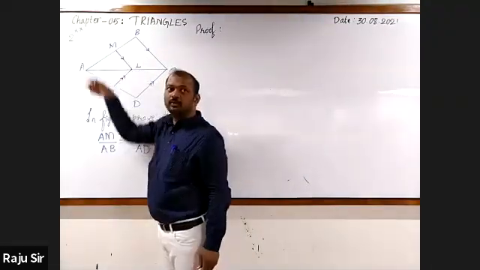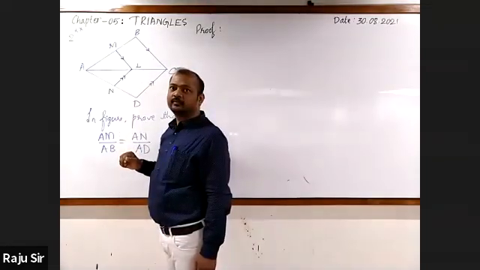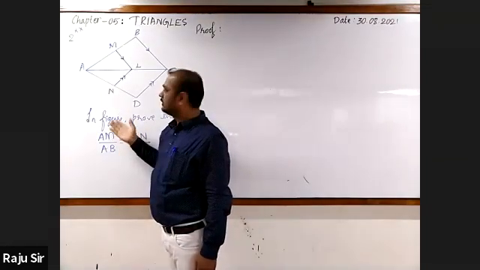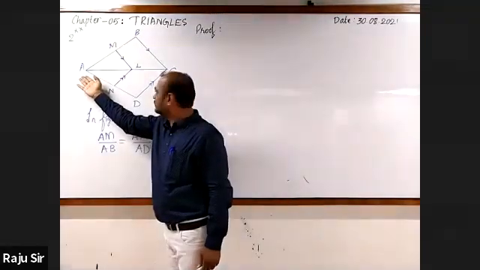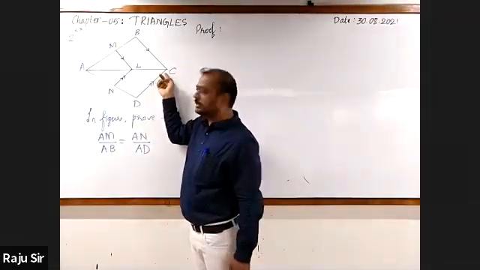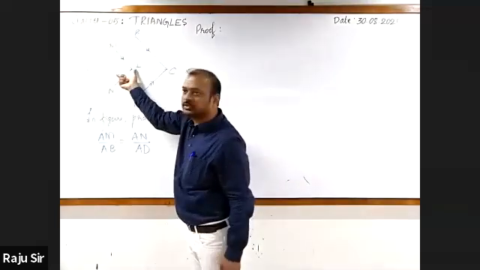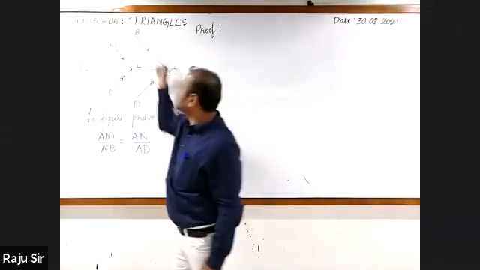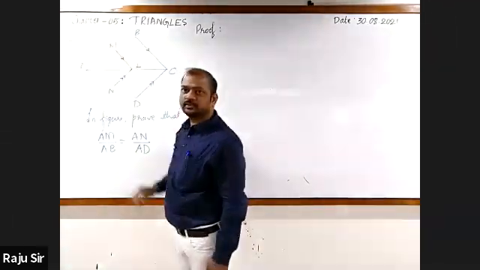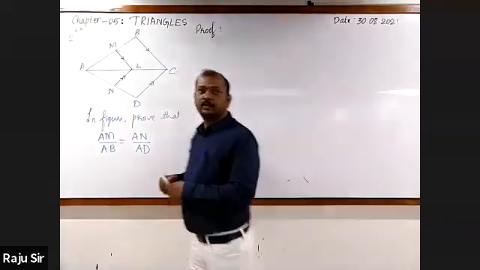Right? How do you go about taking it? By taking the triangle ADC, take these two ratios. Then after that, ABC, take these two ratios.